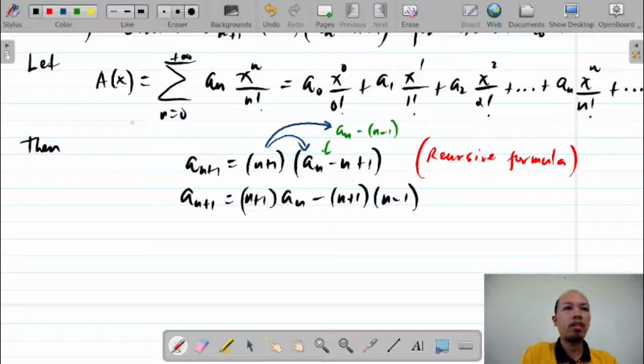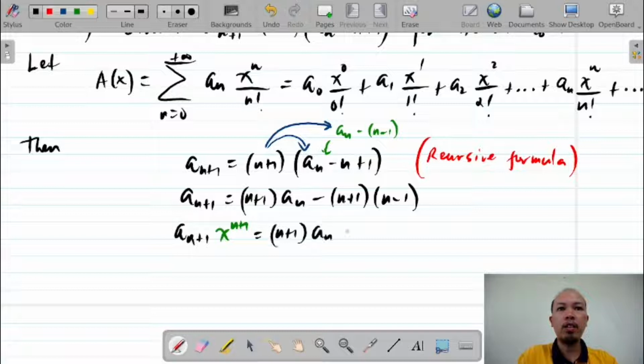And then you can multiply both sides by x to the n plus 1. Okay, it depends upon the situation. This becomes n plus 1 a sub n minus n plus 1 n minus 1.